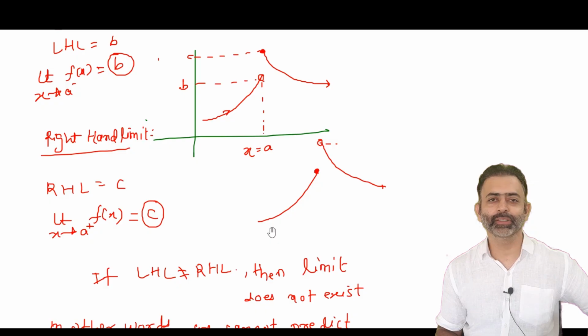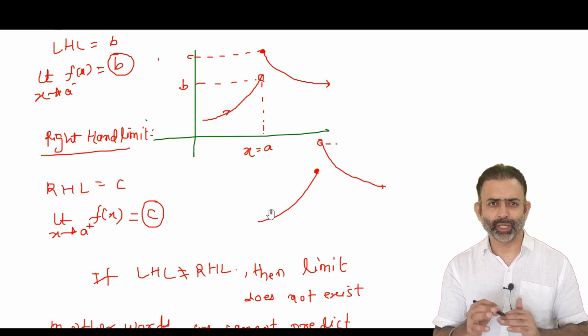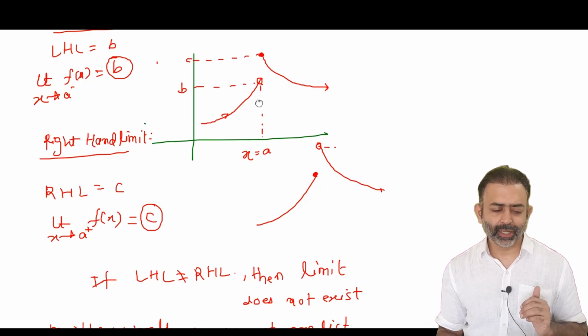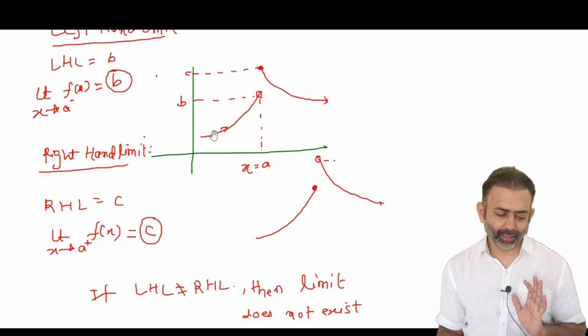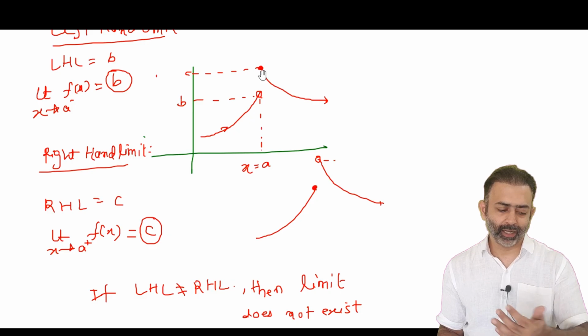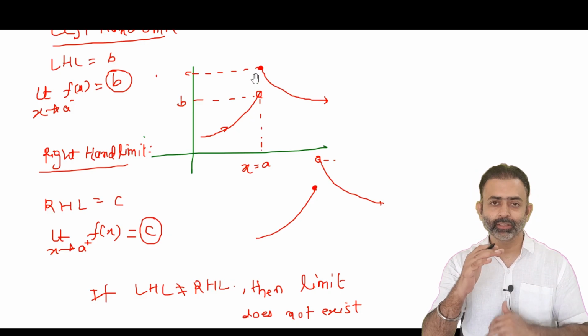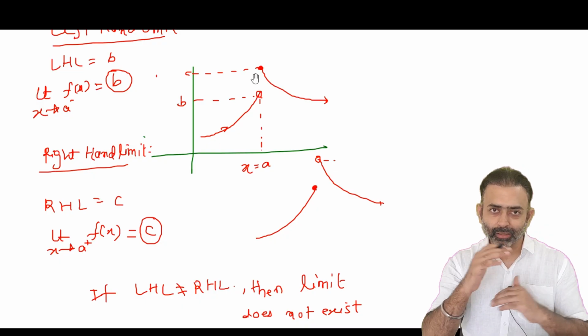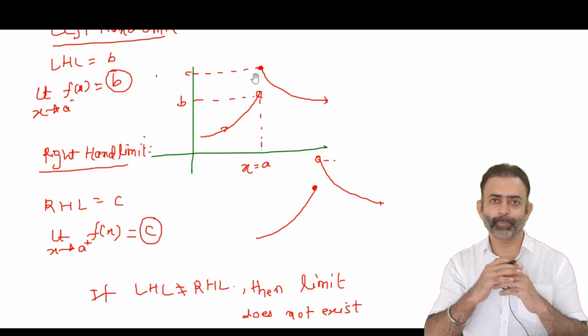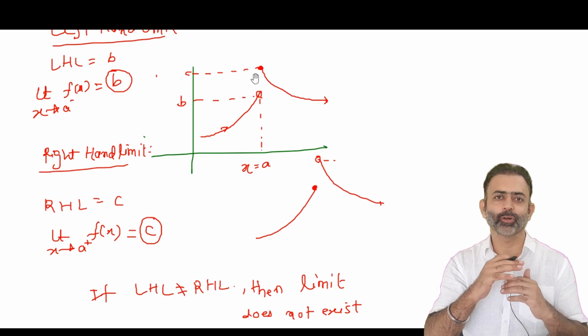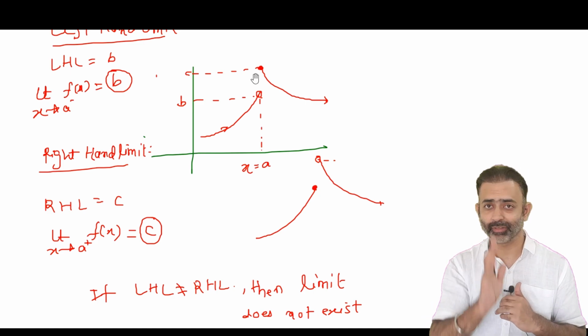You can understand the concept of limits just by assuming that there is a mountain. Okay, so there is a break in the mountain, someone is climbing on this side and someone is climbing from the opposite side, and both these persons, B and C, cannot meet because there is a gap in the mountain. Okay, and that gap is huge. These two values cannot be made equal, and this is vertical.